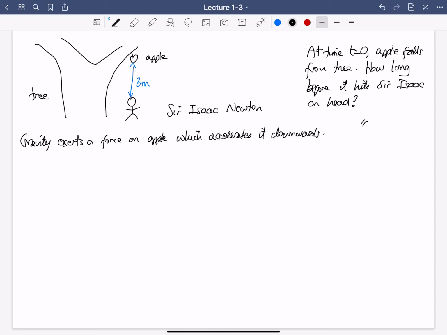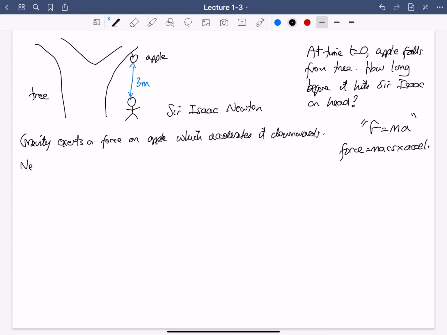So I guess the basic law, one of Newton's laws which we're using, is the law F equals ma, force equals mass times acceleration. So the mass here would be the mass of the apple. Actually, the mass is kind of irrelevant here because the force that the Earth exerts on the apple is mass times the acceleration, which is constant near the Earth's surface.